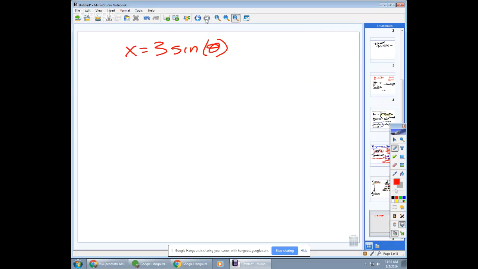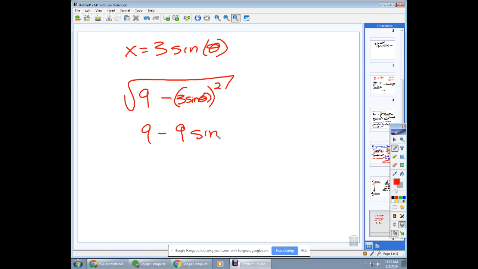All right. So what I want to do is I want to take that. So once I believe that's what I want for x to be, I just consider, well, I had 9 minus x squared, so I just plug in that. So if I drop a 3 sine theta in here, what happens? Well, 3 squared is 9, and then I get a sine squared of theta.